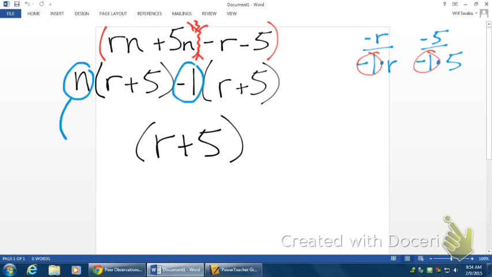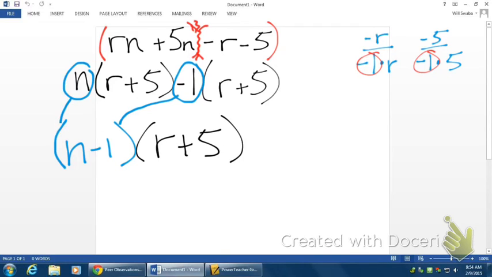And this negative 1, because it's outside the parentheses, is going to drop down right here. Wouldn't the negative 1 go first instead of n? No, it's just going to be n. Since that's a minus 1, I'm just going to write down minus 1. And that's your answer. This is called factor by grouping.